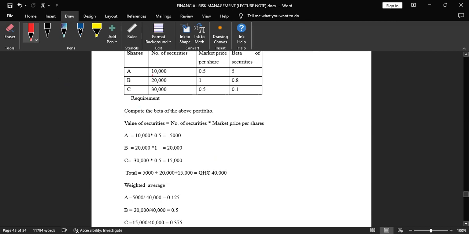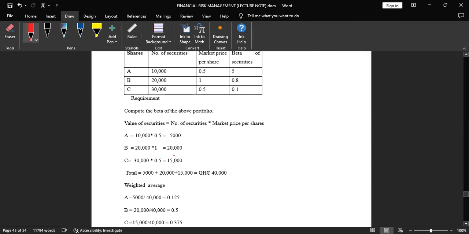The number of securities invested times the price gives us the value invested. Share A will be 10,000 times the price 0.5, and you get 5,000. Share B will be 20,000 times the price, which is 1, we get 20,000. Share C will be 30,000 shares times the price, which is 0.5, then we get 15,000.